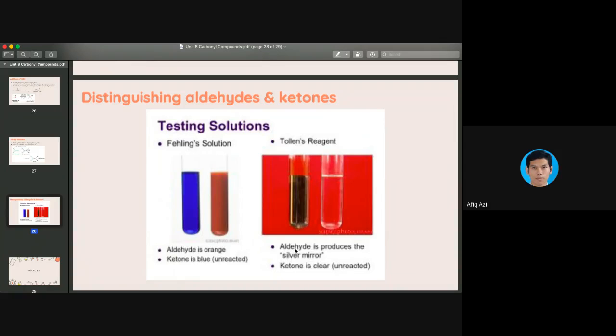But if you do the Tollens reagent test, aldehyde will produce a silver mirror on the wall of the glassware, or it may also form a black precipitate.